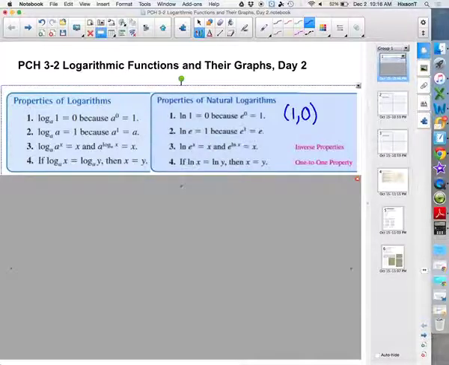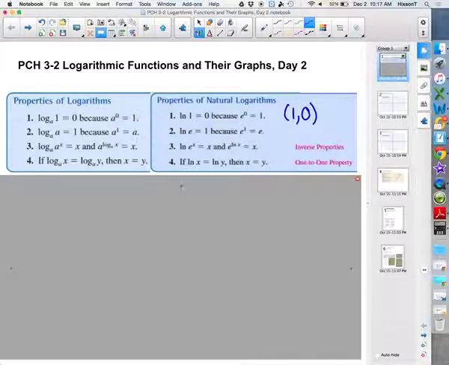Now, like we had said, you can't take logs of two different things and get the same result. These are some of the properties of logarithms. We're going to learn some more rules for working with logarithms in the next few days, but these are some of the basic properties that we need to keep in mind.